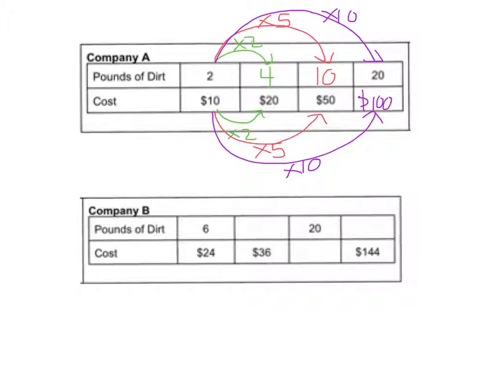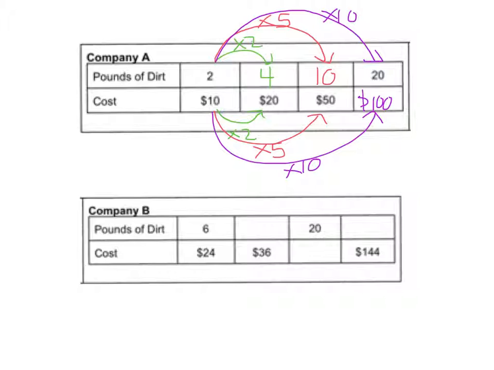Now, for B, we want to try to get from 6 to a certain number, and also, how do we get from 24 to 36? Well, that's not so easy. So before we even do anything else, we can see that our ratio of 6 pounds per $24, we can simplify.